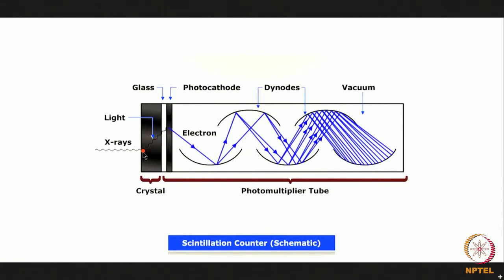So, these are the three types of counters that are normally used for counting the X-ray quanta produced by the diffracted beam.